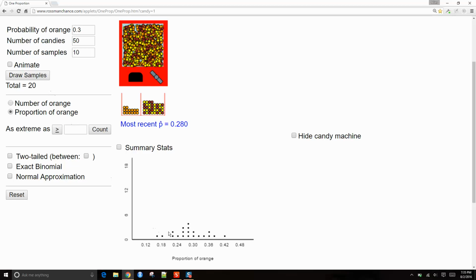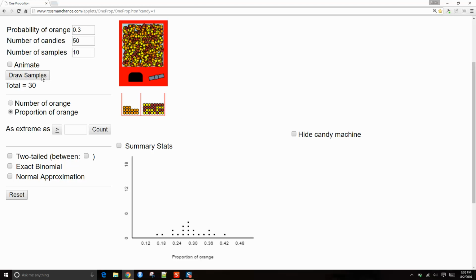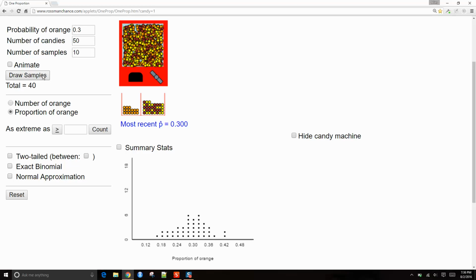So now there's 20 dots total in this dot plot, and we can just add 10 more at a time. After 50 total simulations, we can see that certain values like 30%, 28%, 32% appear most frequently, but we have gotten things as low as 16%, things as high as 44% orange.